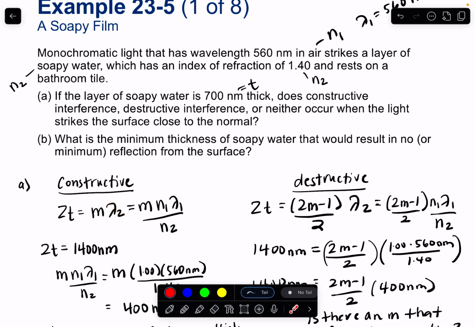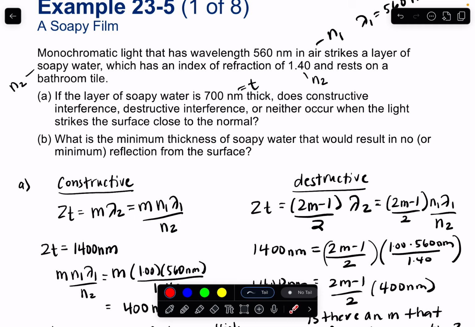If we want, we could rewrite this in terms of the wavelength lambda 1 by using this equation right here. What were we given? We were given the wavelength in medium 1. So if we were to use this equation here and put 560 for lambda 2, we would not get the right answer. So I rewrote it in terms of lambda 1.